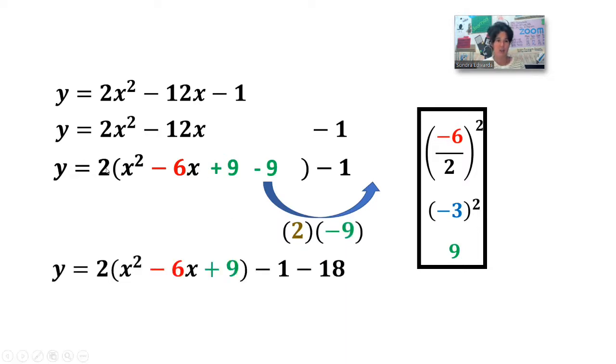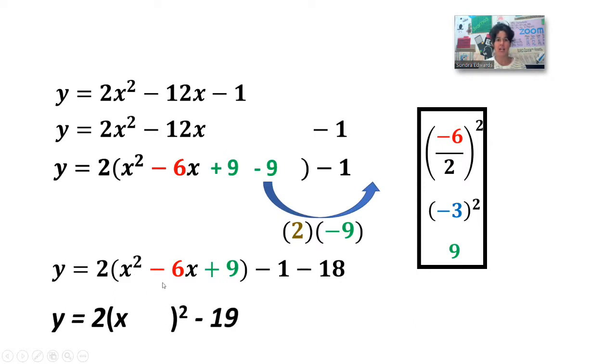There we have it. So 2 times x squared minus 6x plus 9 is right there, the minus 1 right there, and then moving that negative 9 out here is really writing minus 18. Now we have a perfect square, so we can rewrite this as a perfect square.